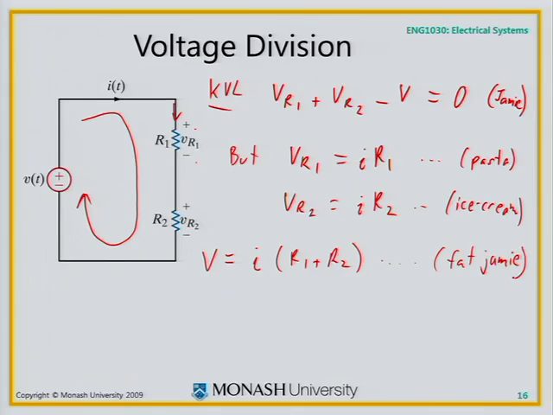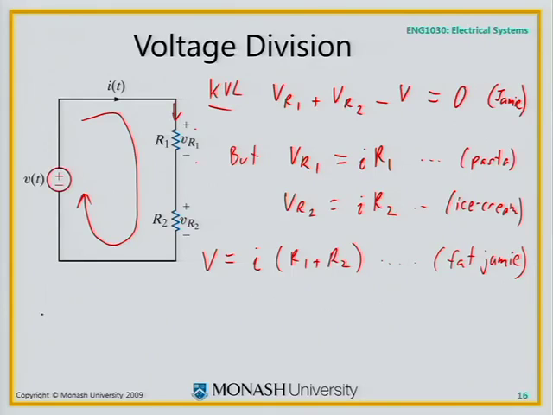Notice that that's the same equation I would have got if I just had one resistor of value R1 plus R2. Many of you will know series combinations of resistors add. That's how you prove that. We've just proved that the series combination of two resistors is equal to their sum. Not something you have to remember, not some magical result, it just comes from Ohm's law and Kirchhoff's laws.